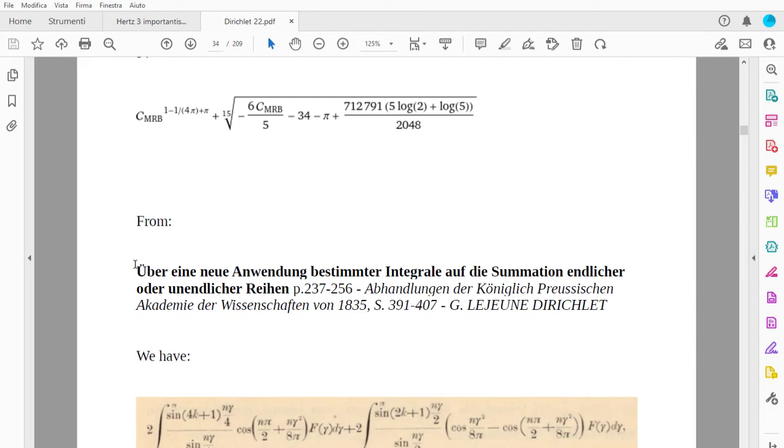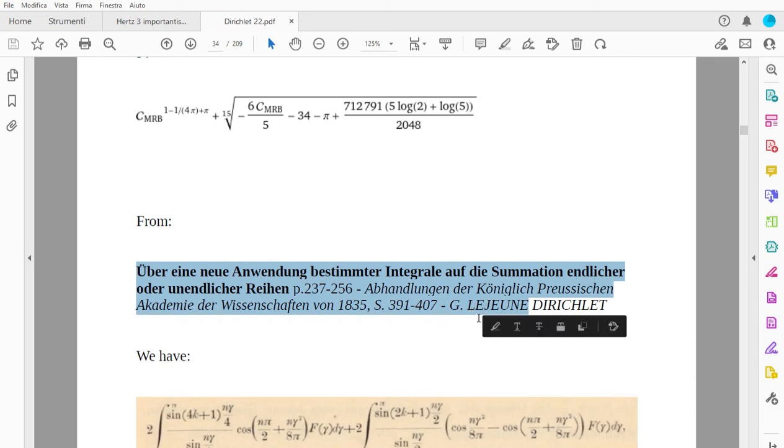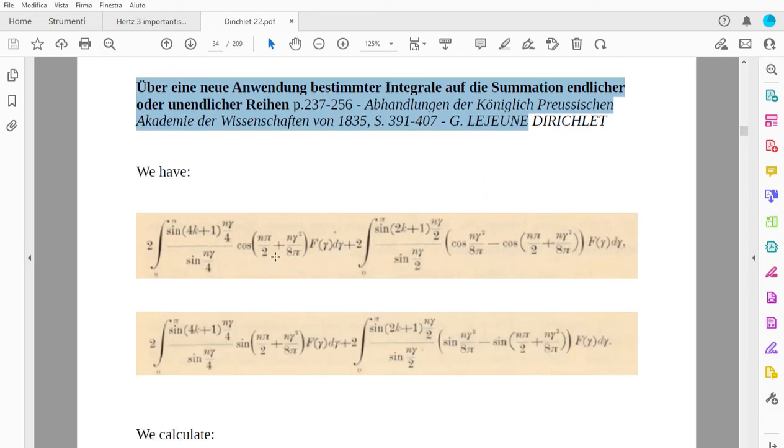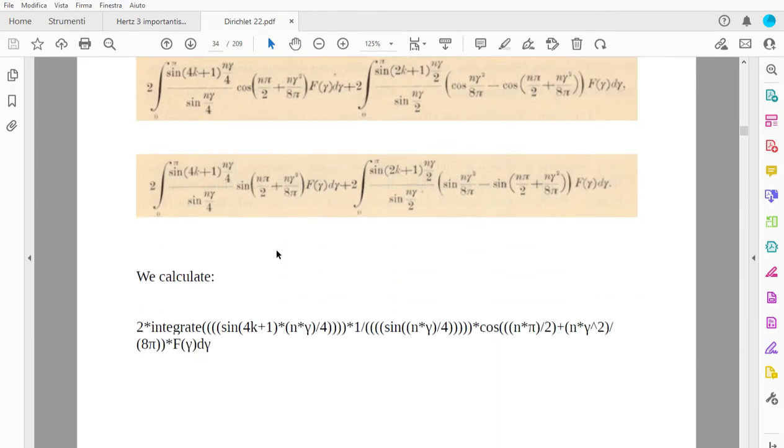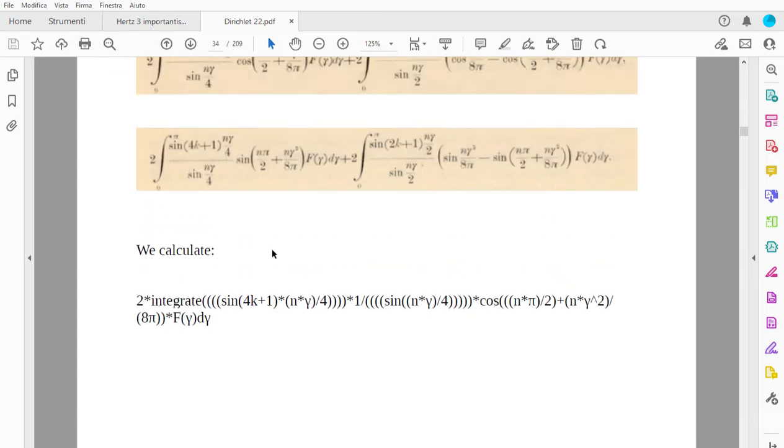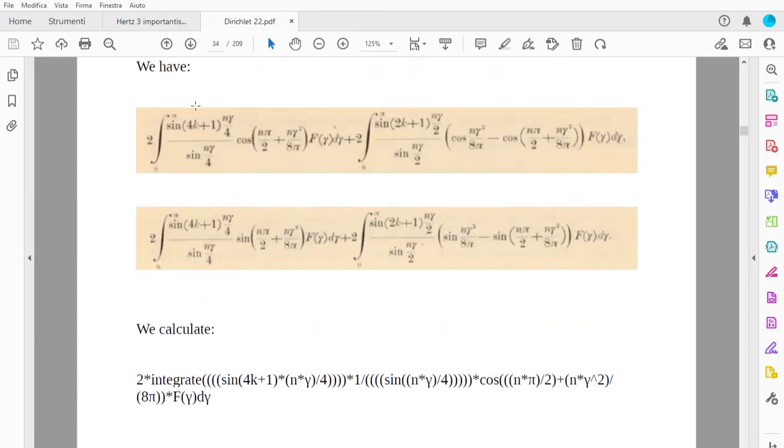Now, from this other work of Dirichlet, we have the following integral equation. Now, we calculate the first integral and after the second integral, that is to the right hand side of the expression.